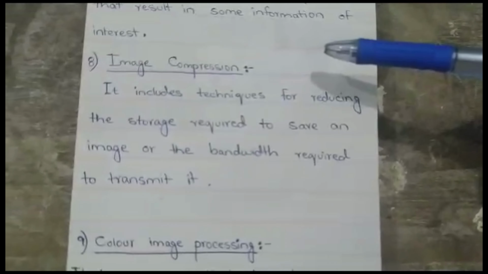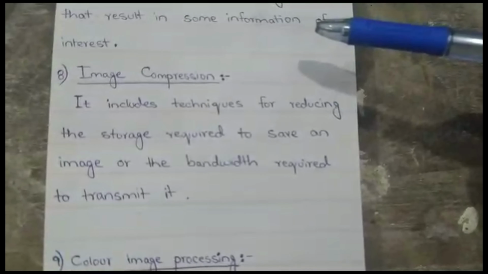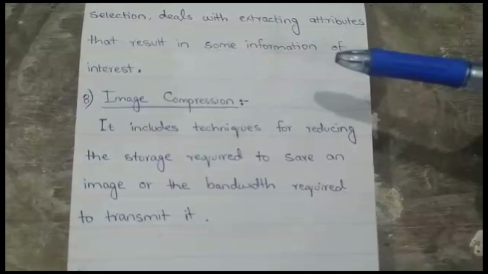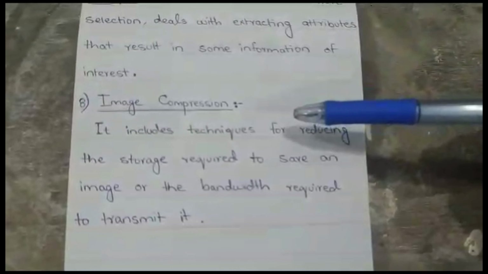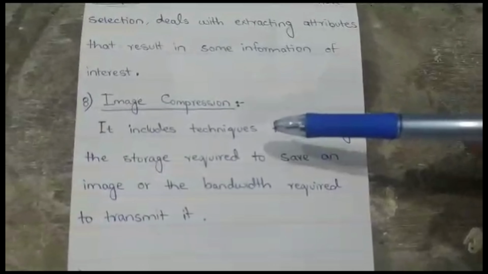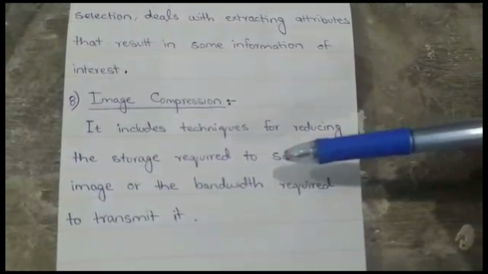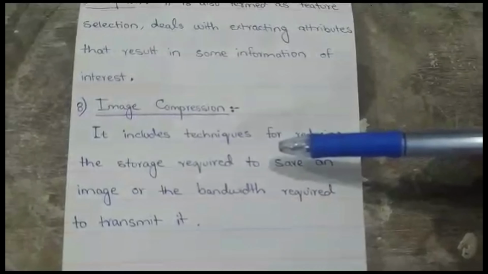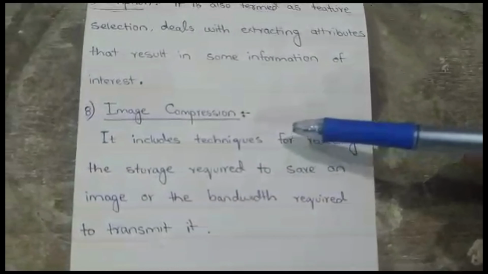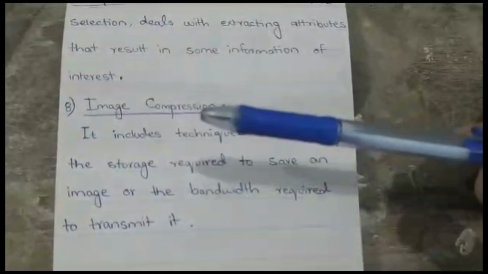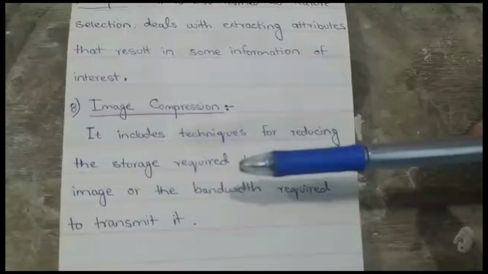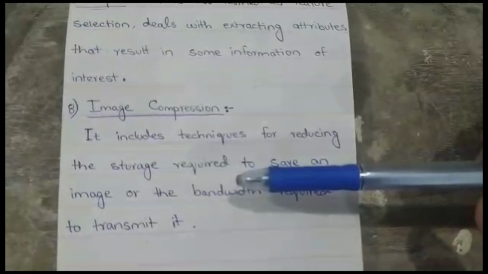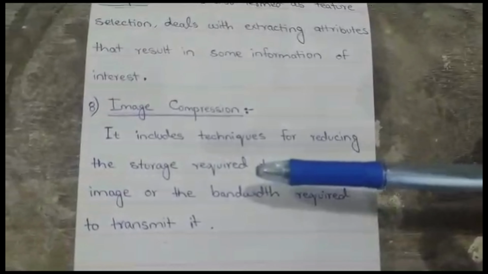If we want to transmit a large image to someone and our resources are limited, we will compress the image and transmit it, so that our features are not damaged, and it is sent to the receiver.